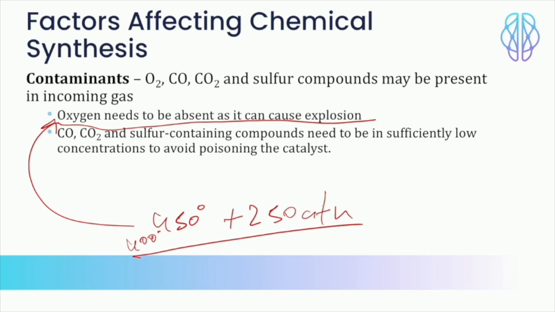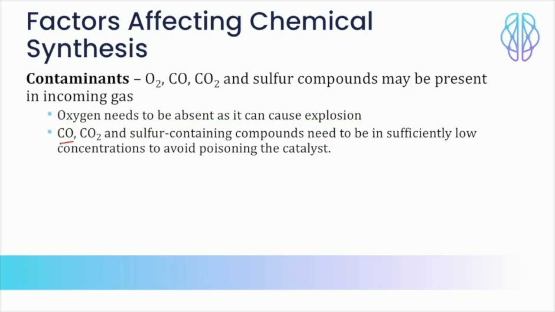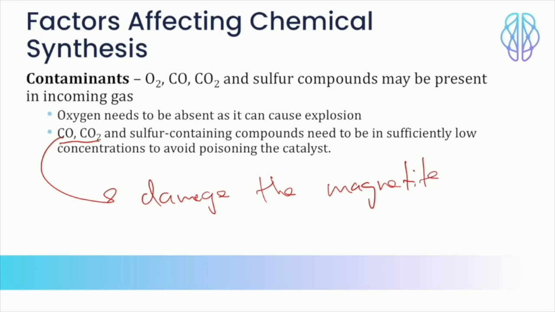We also need to manage some other contaminants. So the main ones are carbon monoxide, especially, which can damage the magnetite catalyst. And we have some secondary contaminants such as carbon dioxide and sulfur-containing compounds, which we especially get when we're purifying the methane.